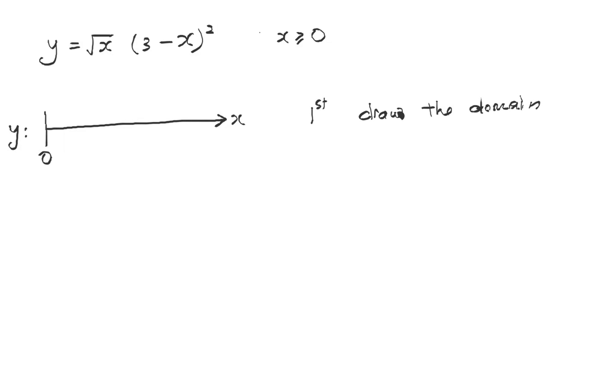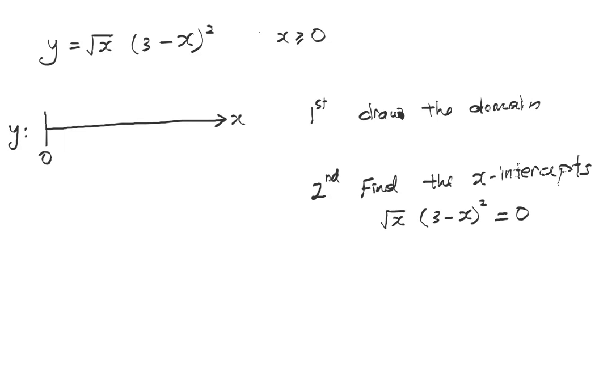Then after that, second step, what should you do? Find the x-intercepts. In this case it means square root of x times 3 minus x, the whole thing squared, equal to 0. Am I right?